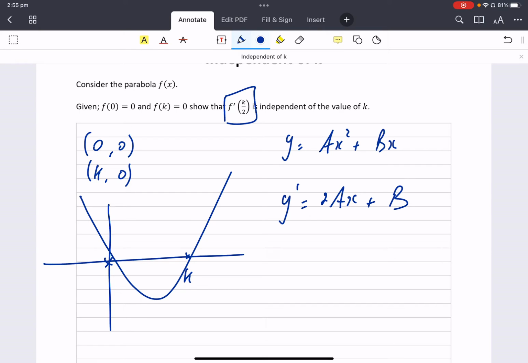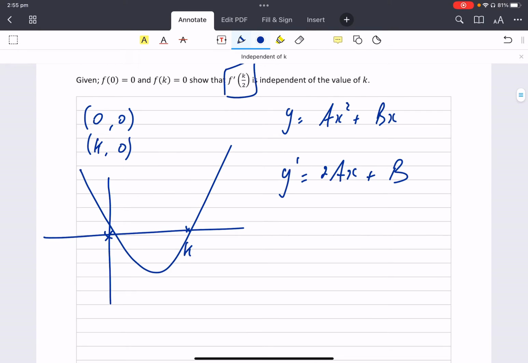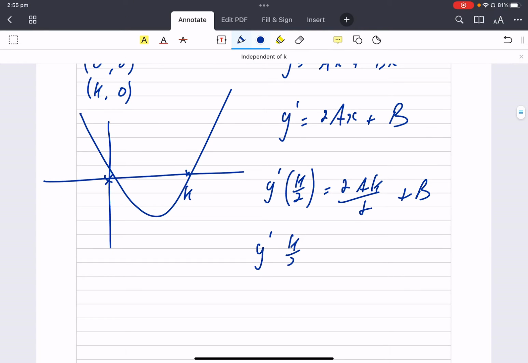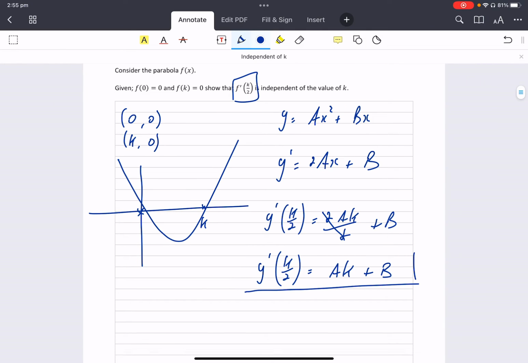It sort of leads us to a bit of a hole, because when I do y dash of k on 2, I get ak plus b, which doesn't really mean that it's independent of k, because k is in the answer. So let's just have a, that's fine, but we're not there yet.